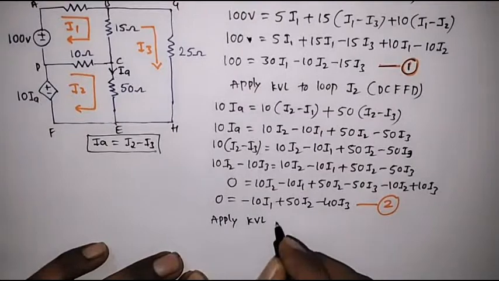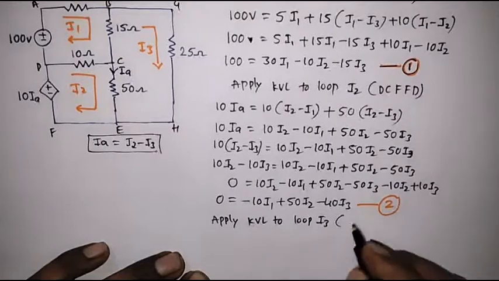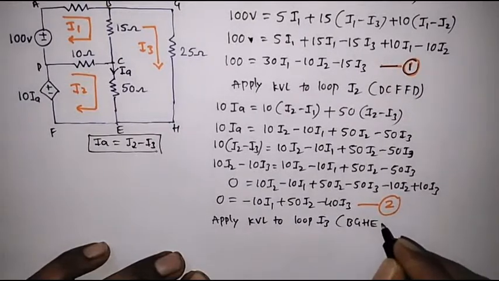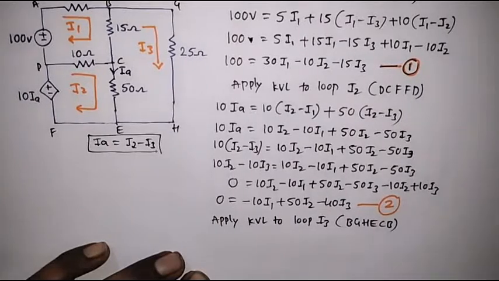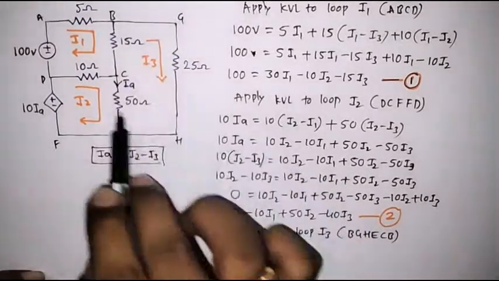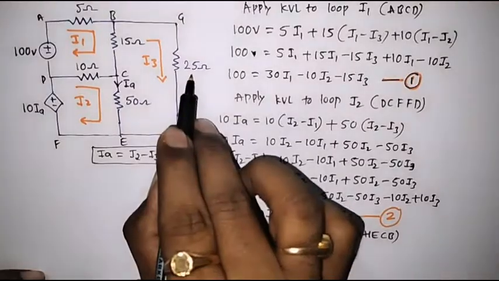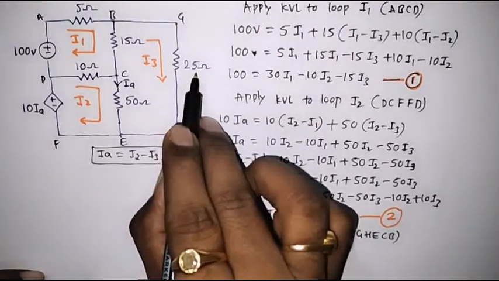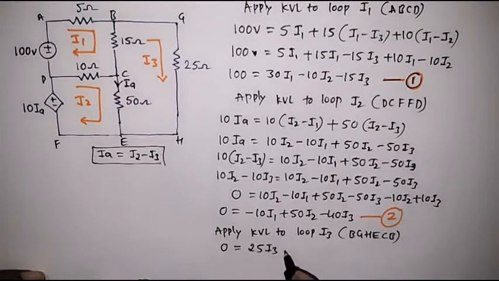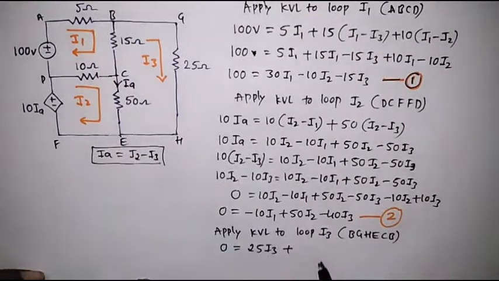Apply KVL to loop I3, which is nothing but B, G, H, E, C, B. In this loop there are no voltage sources, so I'll write 0 voltage source is equal to the drops. I'll start from here. The drop across the 25 ohm resistor is 25 I3 plus, then the current will flow through the 50 ohm resistor.